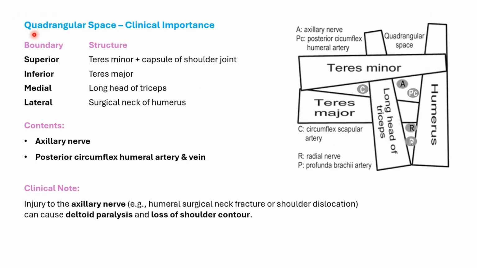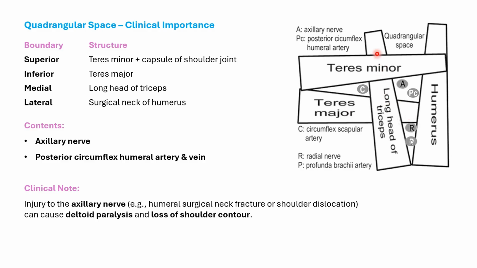Now we learn about the quadrangular space. It is clinically important. This is the quadrangular space. It has four boundaries: superior, inferior, medial and lateral. The superior boundary is formed by teres minor and also the capsule of the shoulder joint. The inferior boundary is formed by teres major.